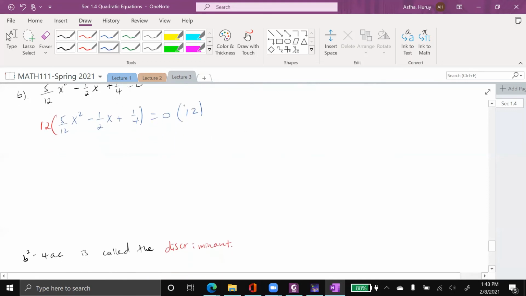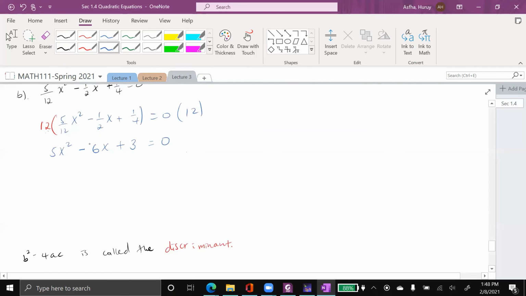Now we distribute: 12 times the first term, we simplify it, we get 5x squared. 12 times the second term will be 6x, because 12 divided by 2. And 12 times the last term is just 3, equals 0.